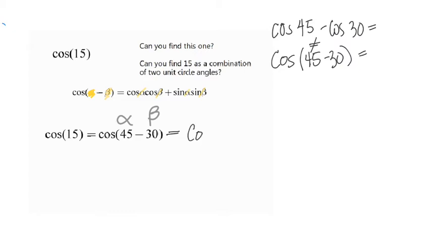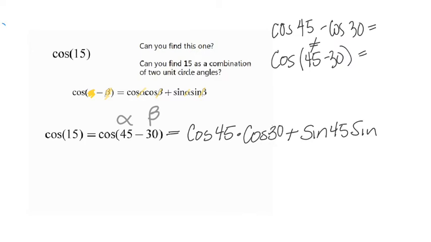So we'll have cosine of alpha, which is our 45-degree angle, times the cosine of beta, which is our 30-degree angle. And then there's a plus in the cosine formula. So sine of 45, and then sine of our beta. Oops, I wrote beta in there last time instead of 30. I'll do it again this time, 30 for both of these.